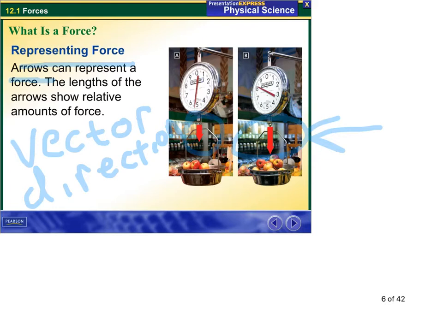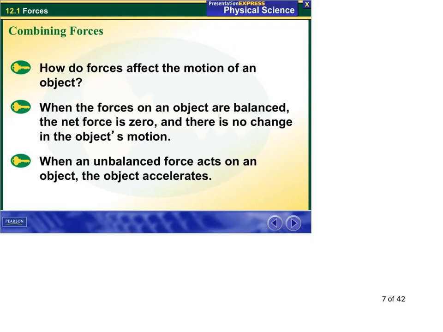The size of the arrow illustrates the magnitude. The lengths of the arrows show the relative amount of force, or its magnitude, and the way they're pointing is the direction. Here, the force is going down. And when we talk of weight, it is always a force going down.